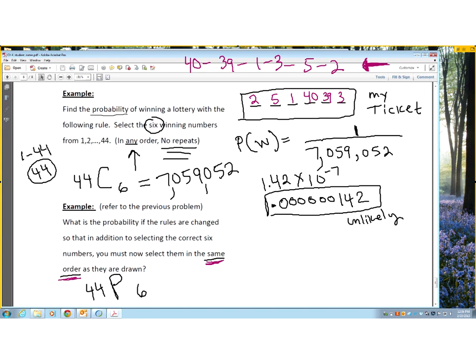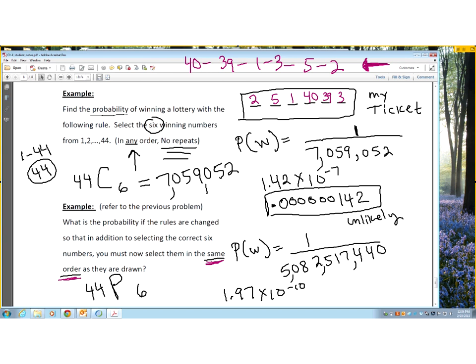Okay, so now the probability of winning is 1 over that amount. And so that gives me 1.97 times 10 to the negative 10.